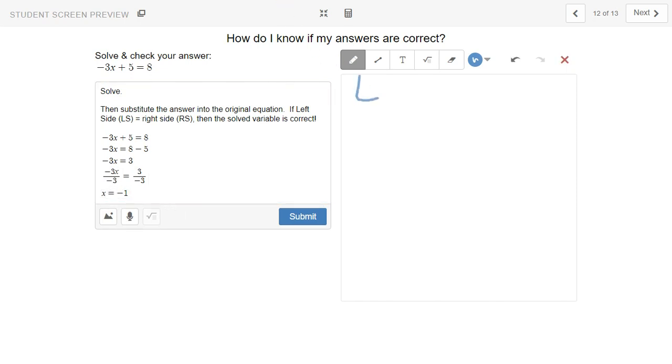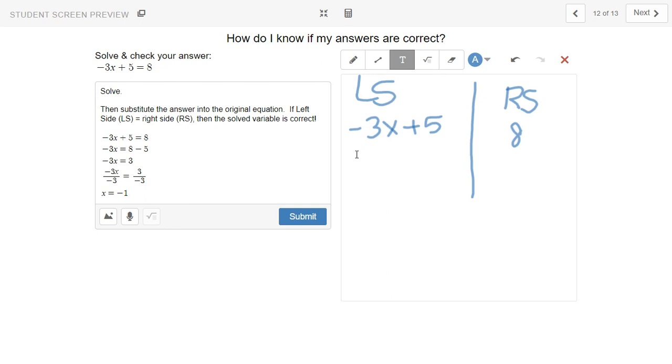The left side, we have negative 3x plus 5. The right side is equal to 8. So now let's insert x is equal to negative 1 into the equation.